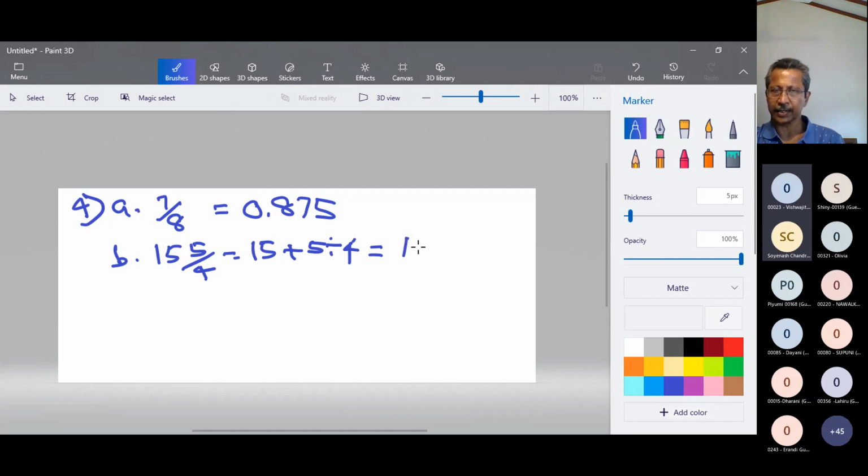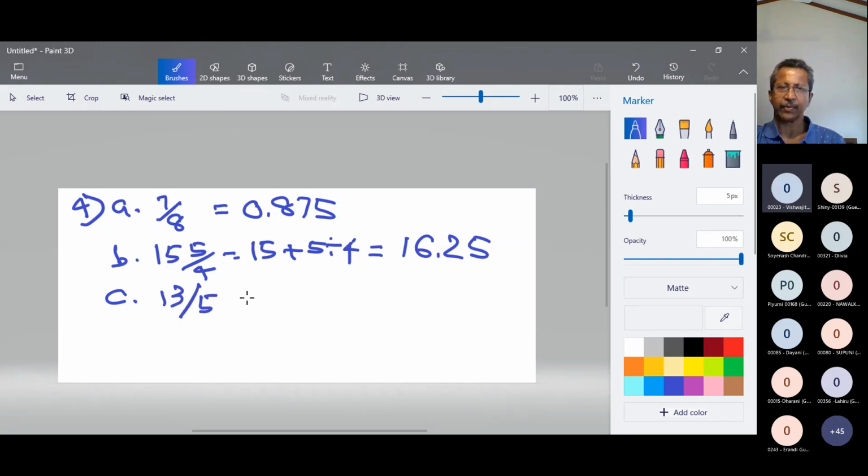It's 16.25. Yeah, correct. Thank you. 16.25. C. 13 divided by 5.